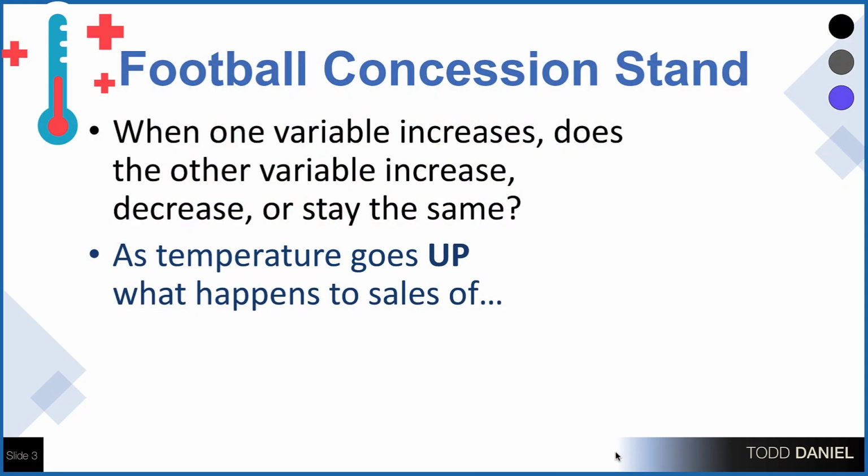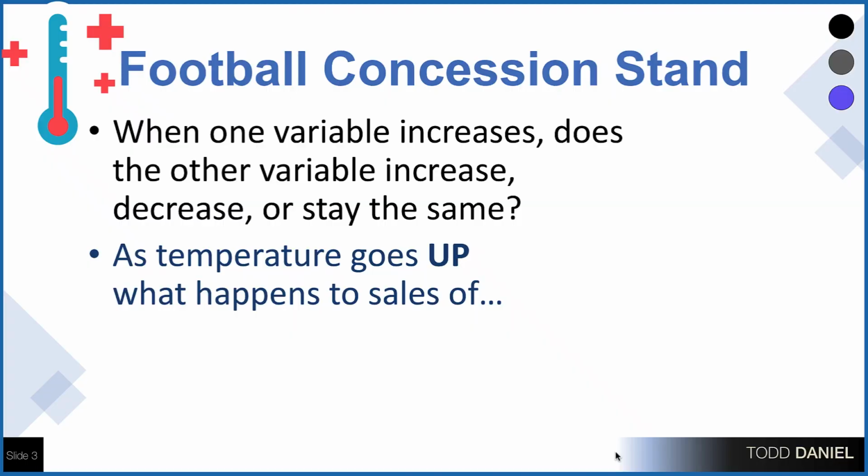What do I mean about relationships between variables? For this example, let's imagine that we are running a concession stand for a football game. And the two variables that we are interested in are temperature and the amount of certain products that we sell at our concession stand. So let's examine what happens when the temperature goes up.